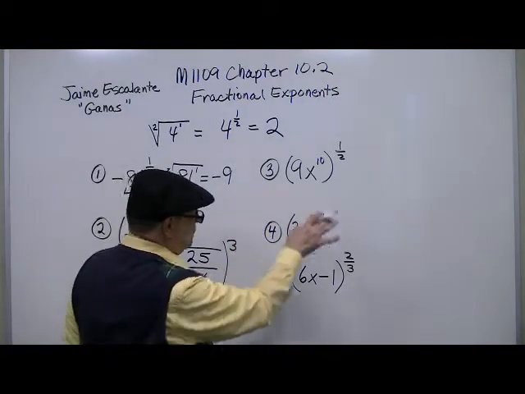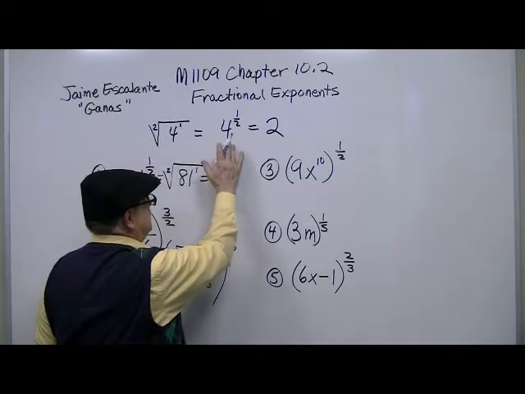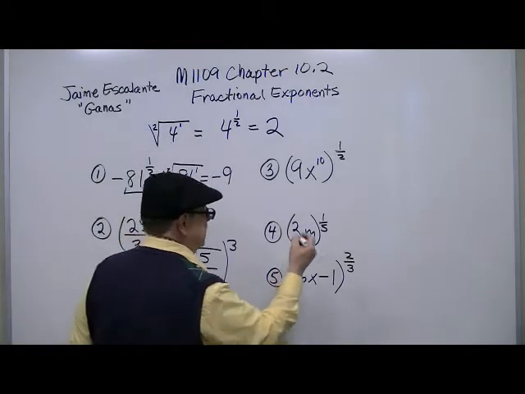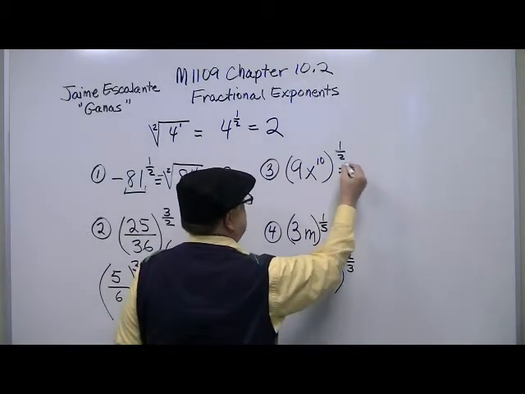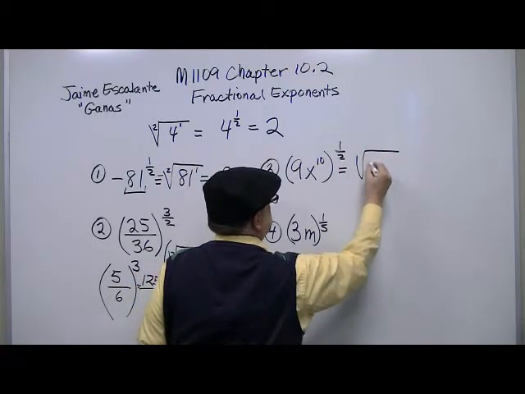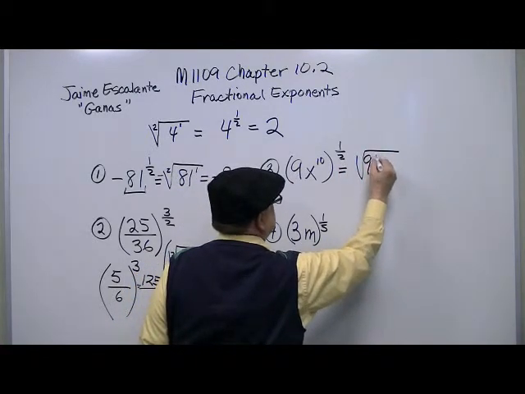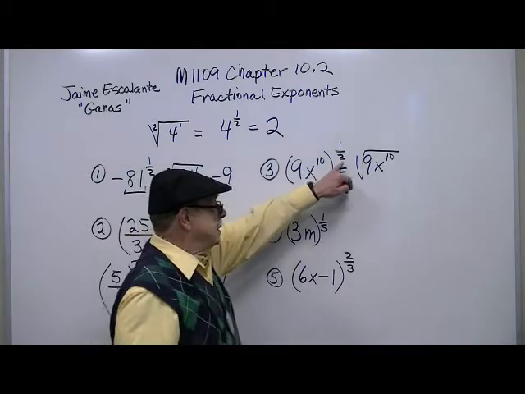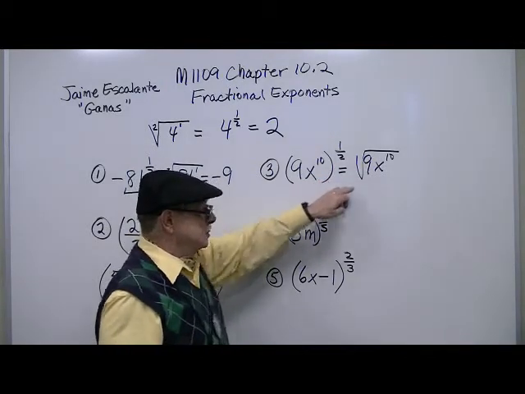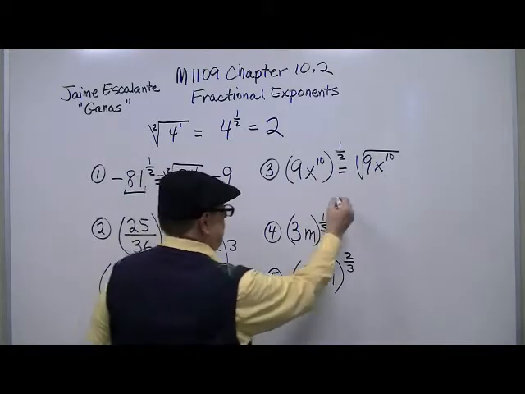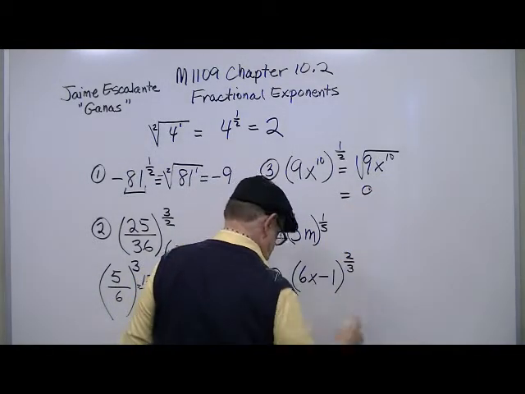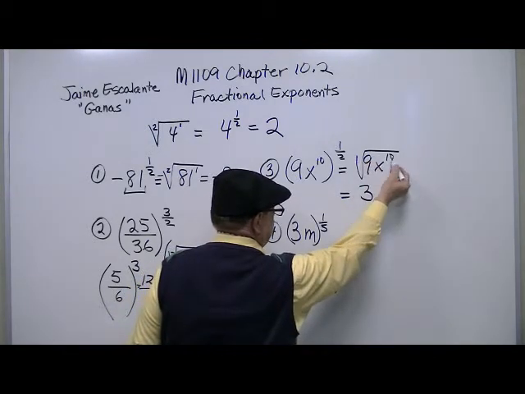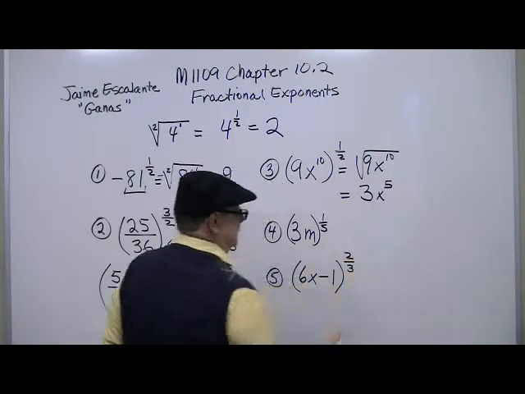Okay, so now that you have an idea of how to take a fractional exponent and make it into a radical expression, that's basically what you're going to do. So you're going to say here the square root of 9 x to the 10th power. Converting it from its fractional exponent form to its radical form, then this is just going to become 9, this should say 3. And then divide this by 2, x to the 5th.